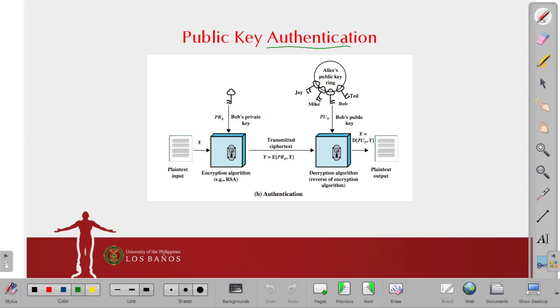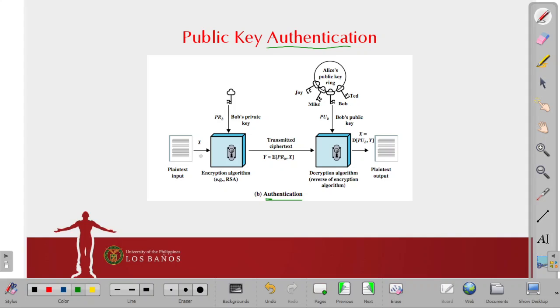For authentication, you would like to verify whether the ciphertext or the message that you are receiving really came from the individual who claims to be the one who sent the data. In this context, it's almost the same as the other one.